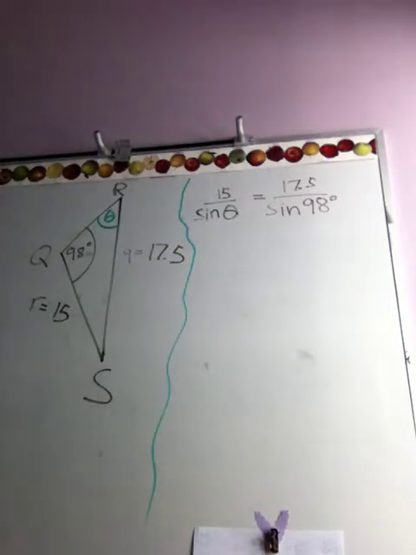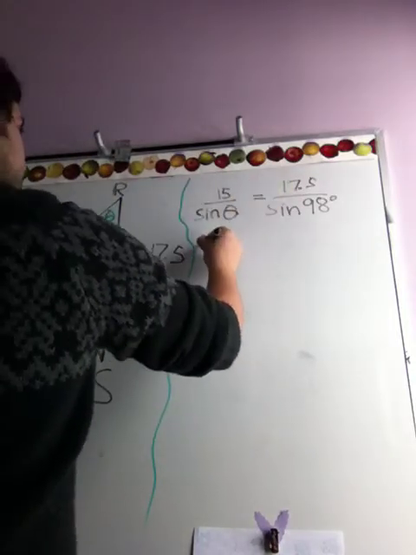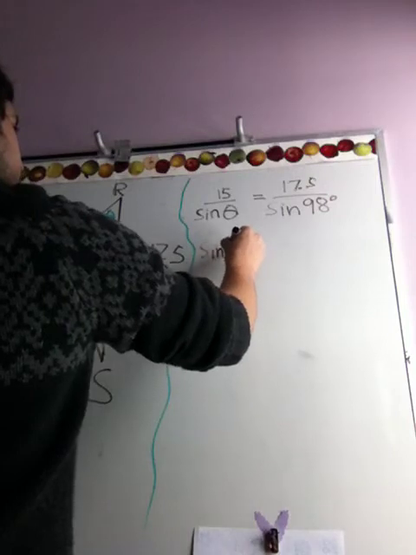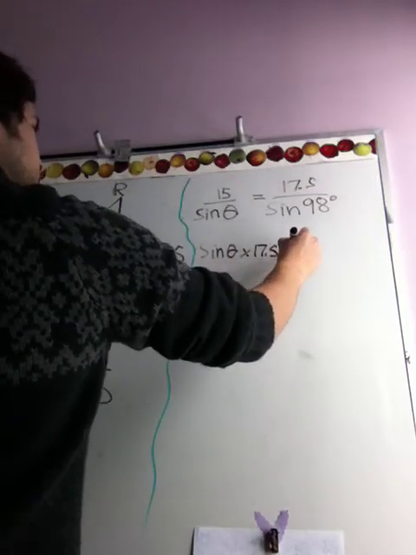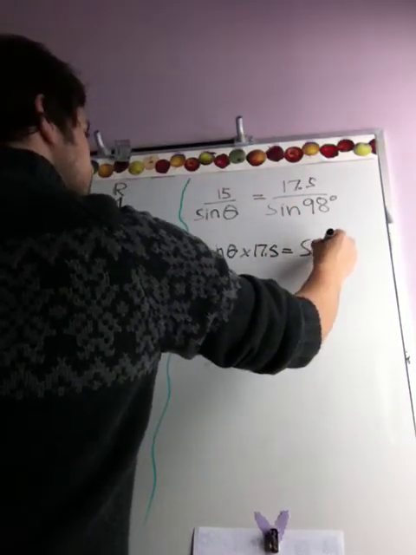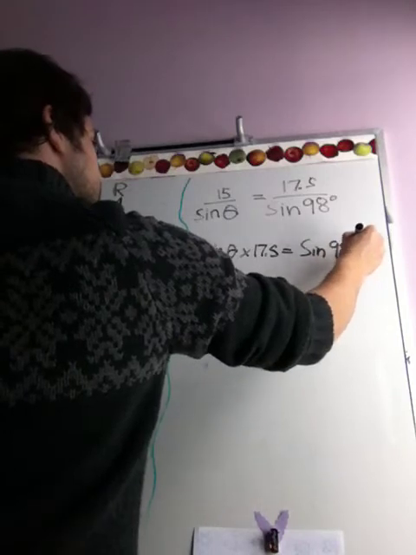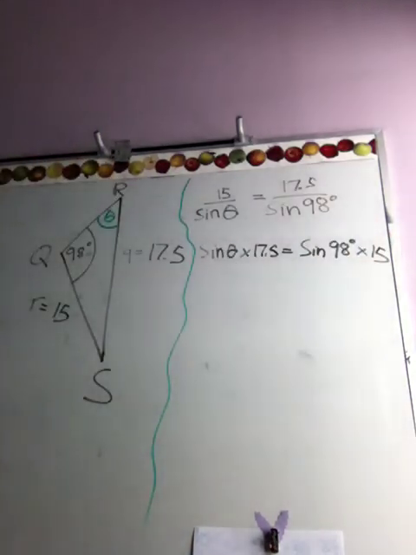So, now we cross multiply. Sine of theta times 17.5 equals sine of 98 times 15. This is looking tight.